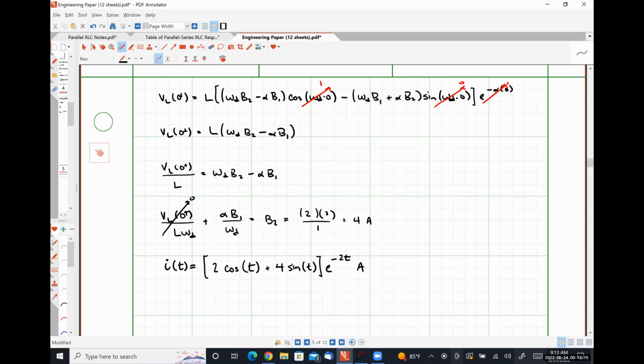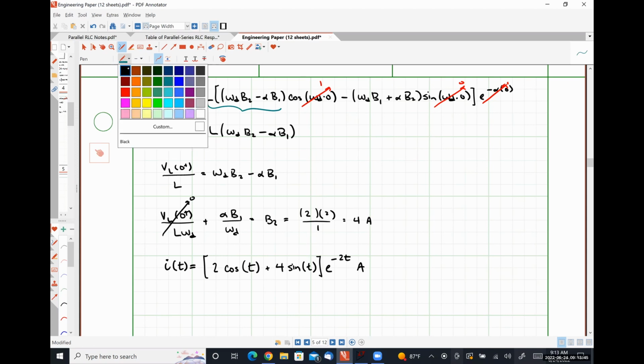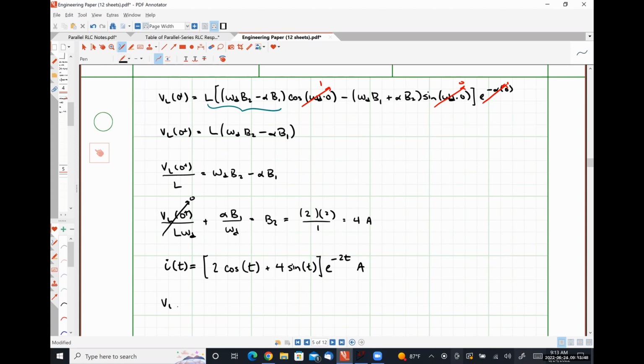To calculate VL, our first coefficient for VL is simply going to be this bit, L times the quantity omega d B2 minus alpha B1. So that is going to be 1/4 multiplied by omega d, which is 1, times B2, which is 4, minus alpha, which is 2, times B1, which is 2. So our first coefficient for our voltage term is going to be 0. So VL t is going to be 0 cosine t, so I'm not going to bother writing that bit.